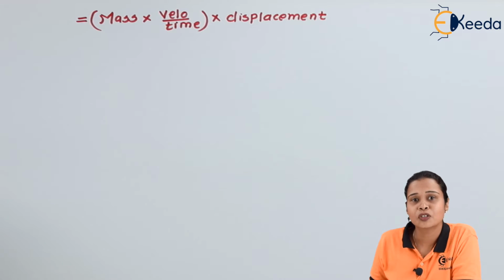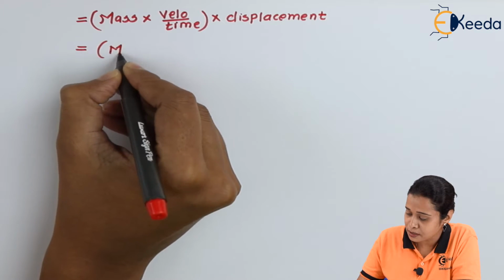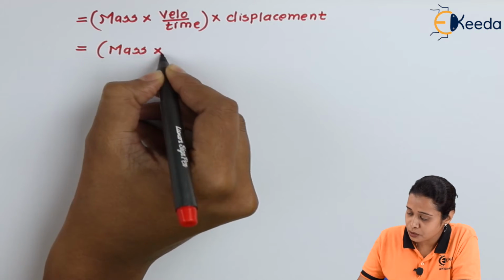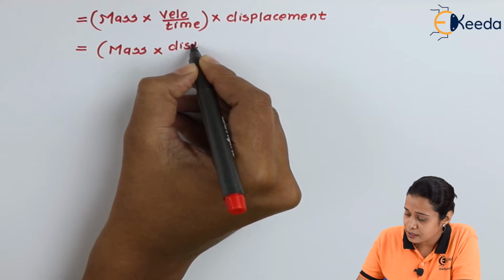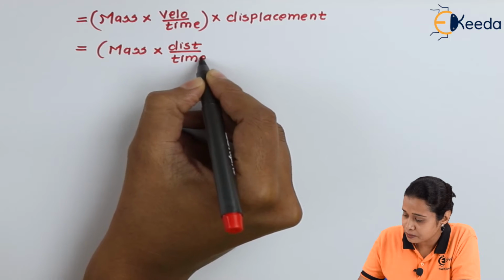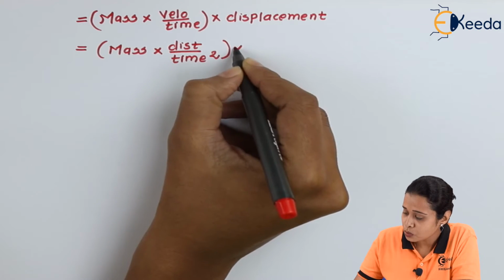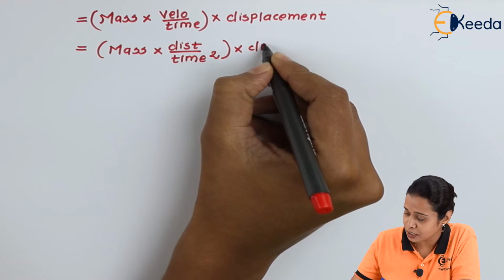We know velocity also can be expressed in terms of distance per unit time. So directly we will write down here mass into distance per unit time, and this time is also there, so time square, into displacement. Displacement is nothing but distance, so we'll write down here distance.